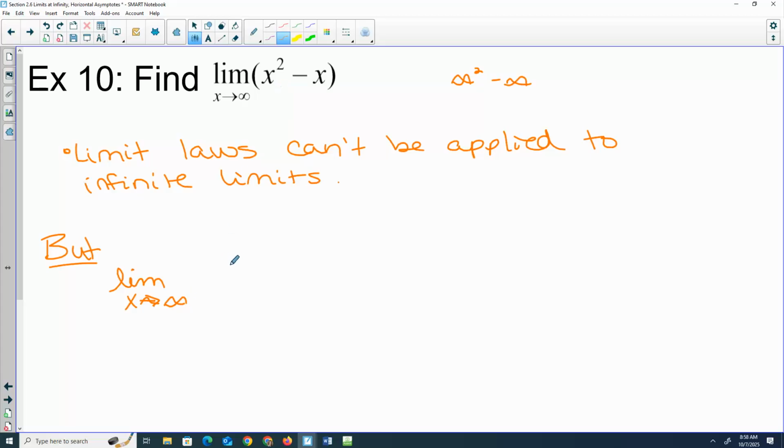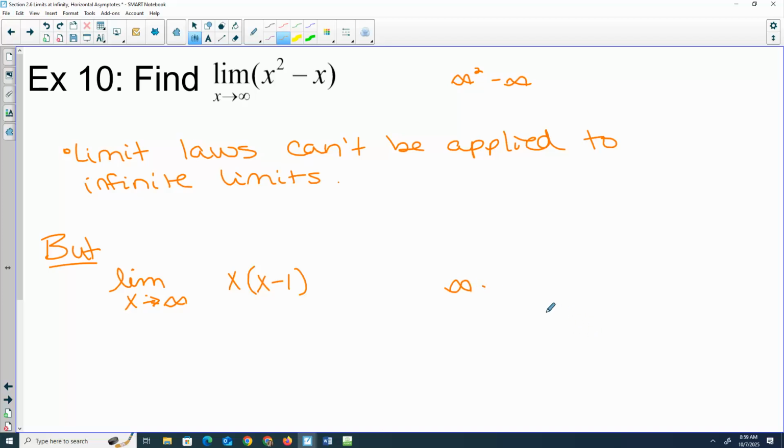x cubed minus x squared. If I told you to try to simplify that algebraically, I can't actually subtract them. Is there anything I could do? Let's factor out an x squared. Okay. If I look at that, if I plugged in, that's infinity. What's infinity minus 1?